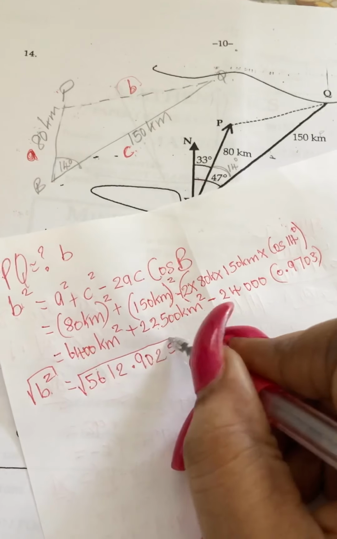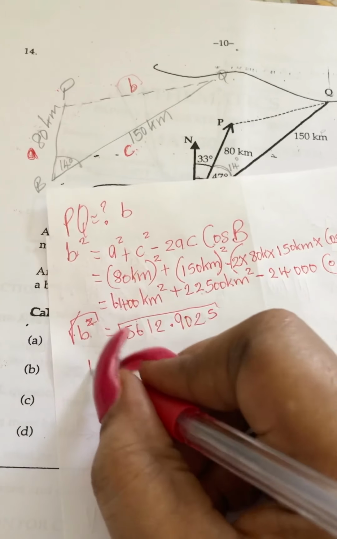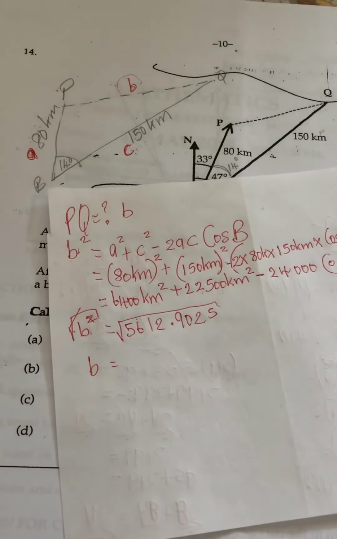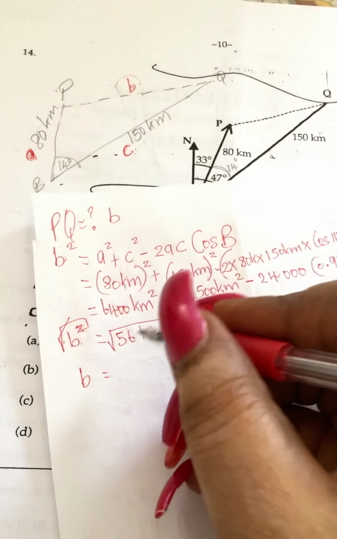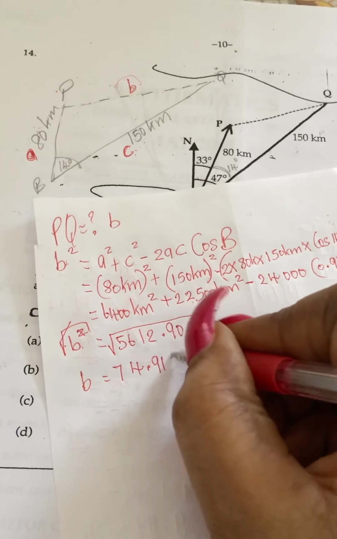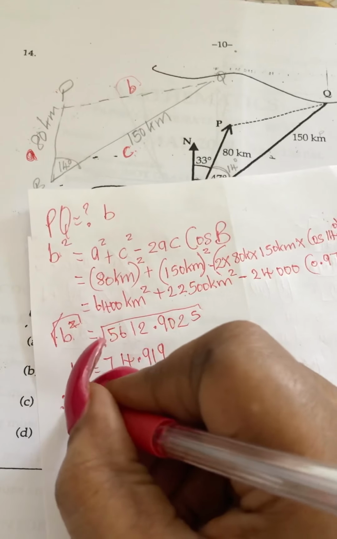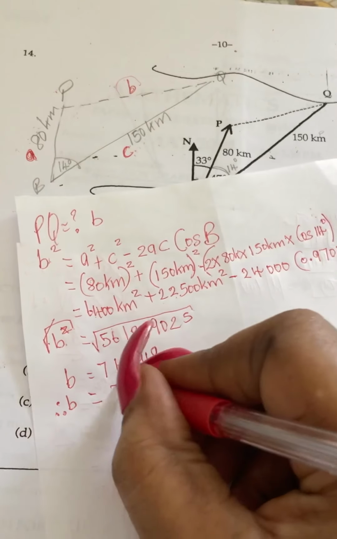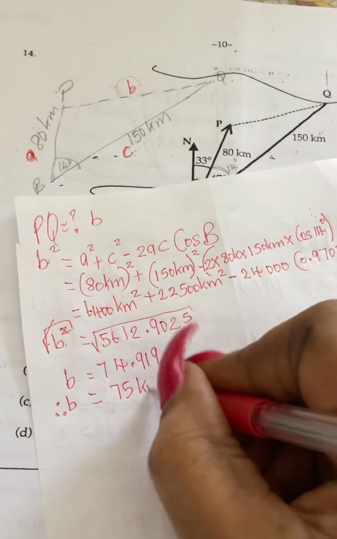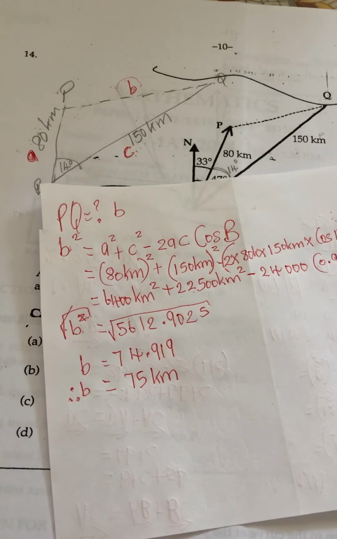So you square root both sides to get rid of the square. The square goes with the square root. We will have 74.919, and our instruction told us to round it to the nearest whole number. So we have 75 km.